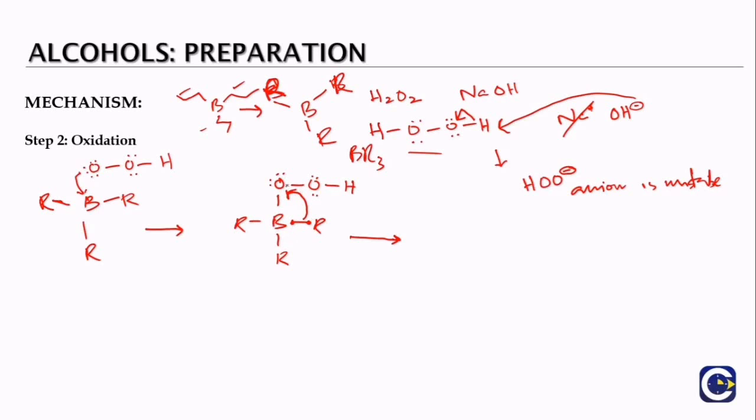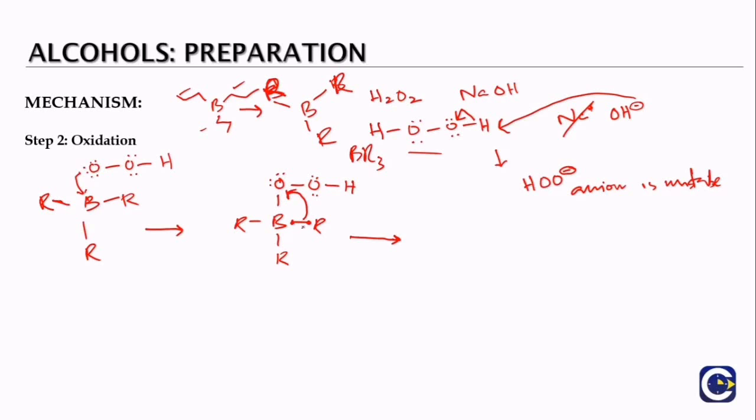Now see, in this product the boron is having 4 bonds. So it's very unstable with these 4 bonds. It will just kick off. The only option with the boron is to break this C-B bond, because this bond is strong as compared to this. So the only option with boron is to break this bond.